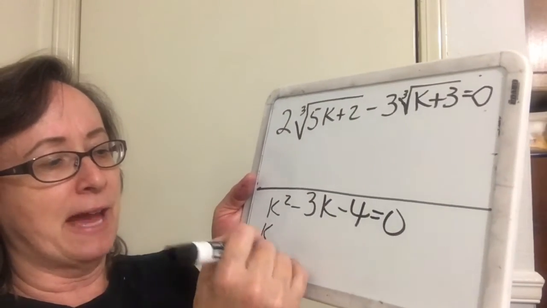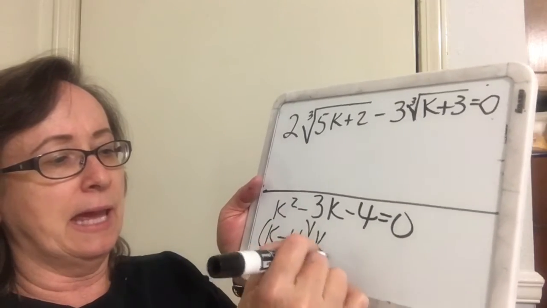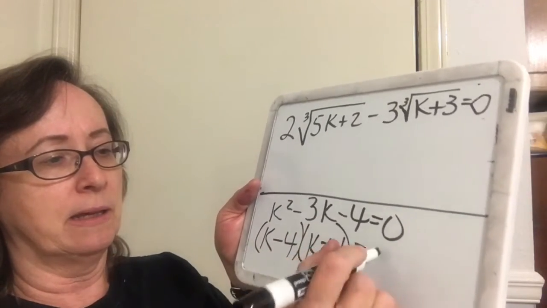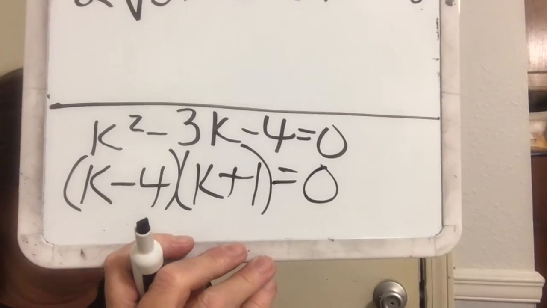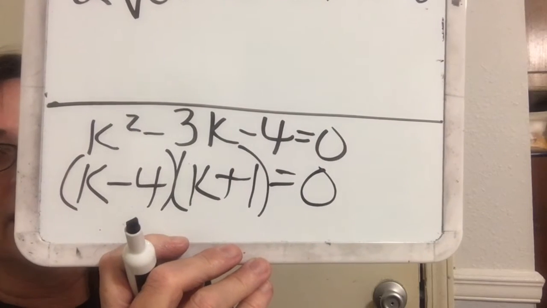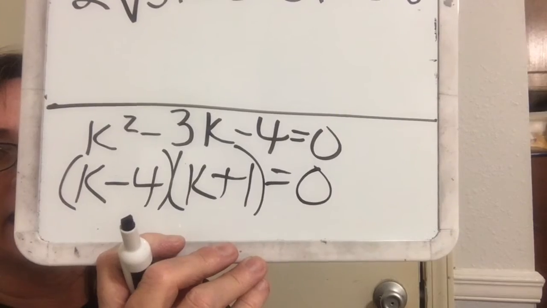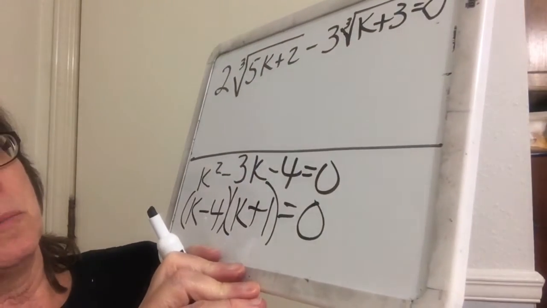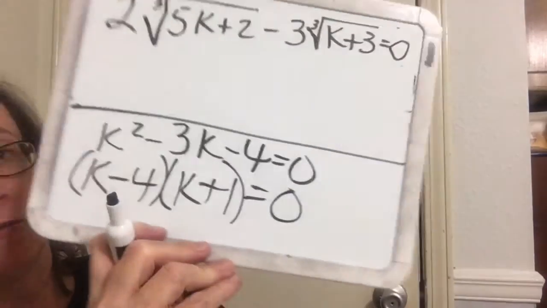If I factor it, k minus 4, k plus 1, does that FOIL to give me my polynomial that I desire? I've got k squared, a minus 4k, and a plus k. It gives me my negative 3k and then a negative 4 on the end.